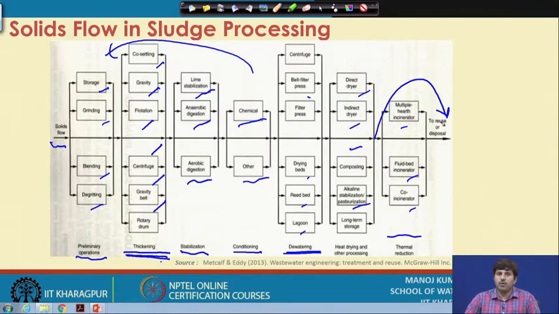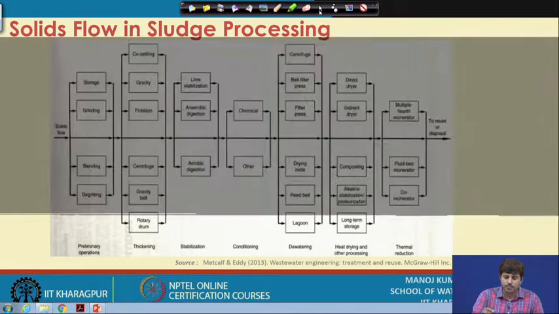If we incinerate it, the dried sludge will be incinerated and then the residues or ash which is formed can go for disposal. So that is the typical solid flow of how the sludge is processed.